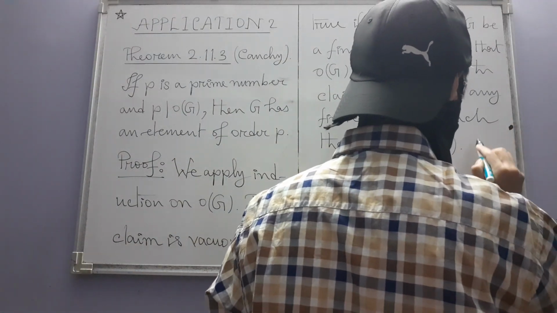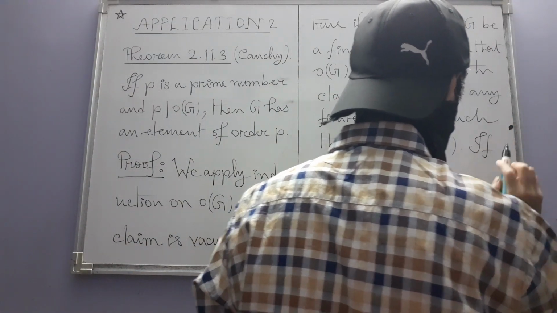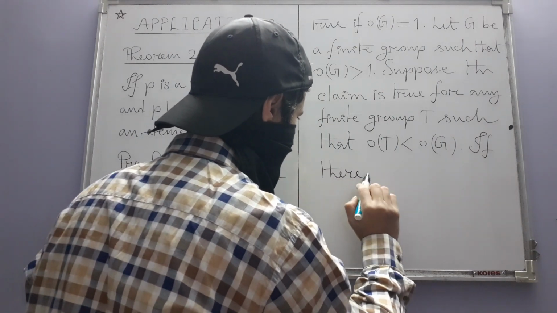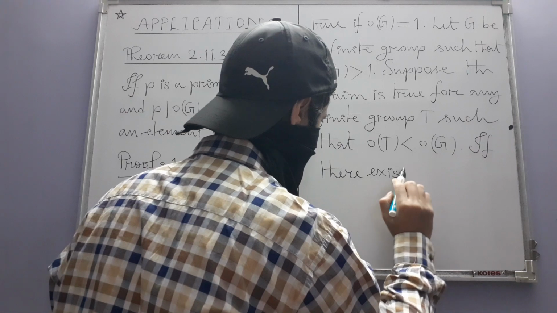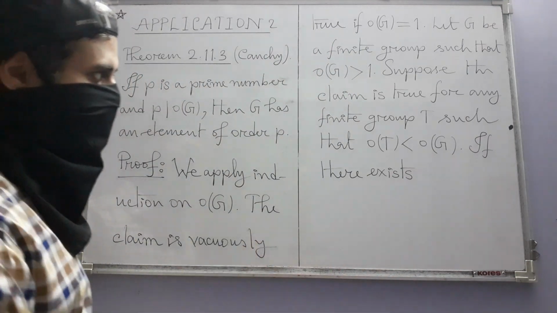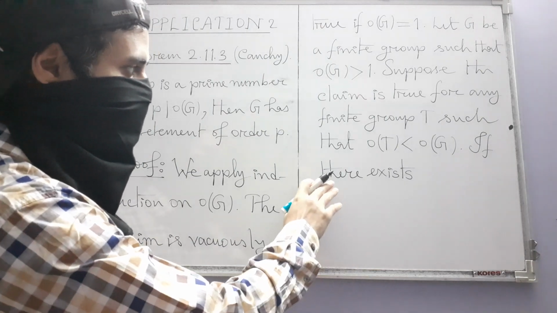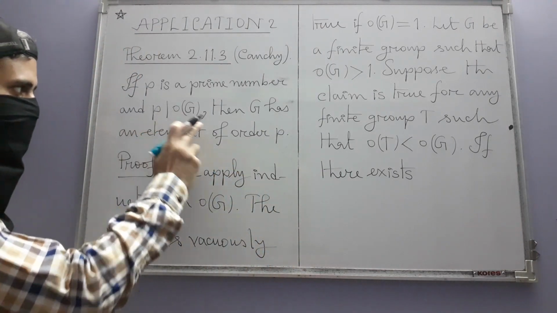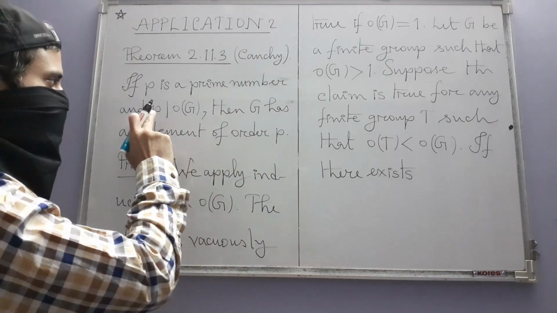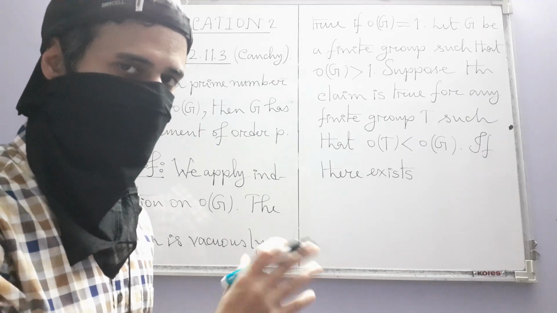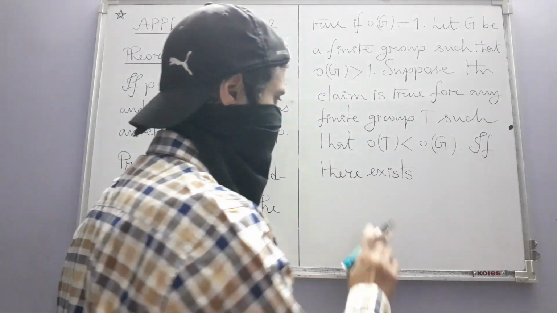Now, one more thing that we have not actually mentioned here is that this condition is there in the background, that P is some prime dividing the order of G, even for this G. Again, we are not writing it, of course.